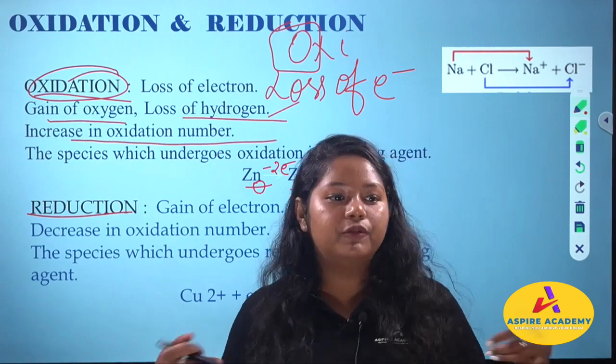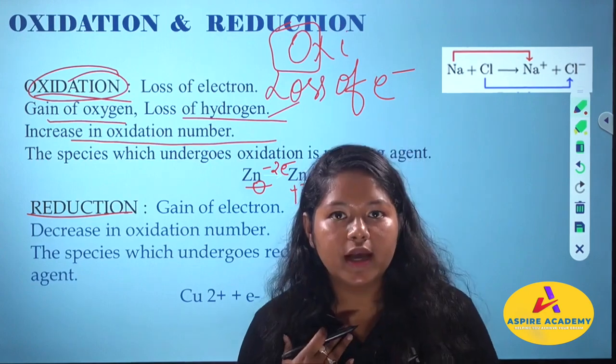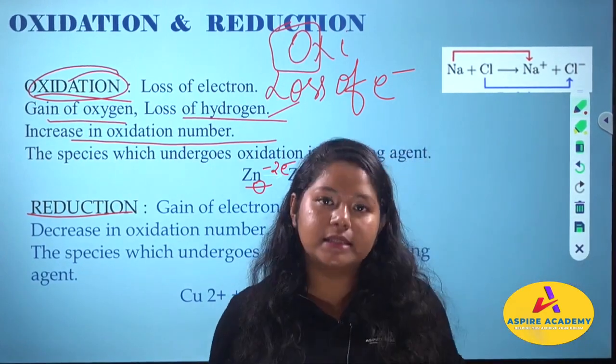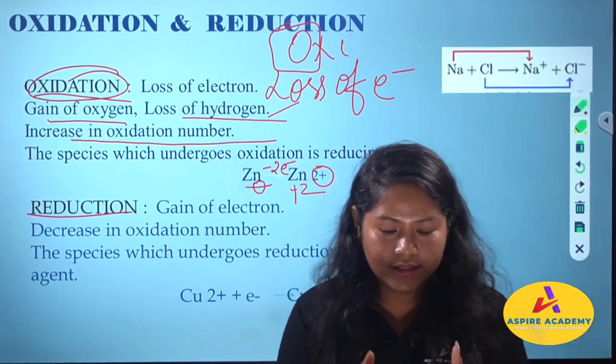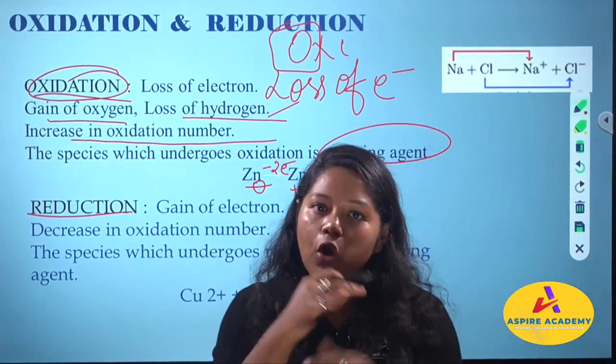Okay. Now, what will you call the species that is undergoing oxidation? If I am performing a dance, I will be called a dancer. I am teaching you, I will be called your teacher. Now, if zinc is undergoing something, what will zinc be called? The species which undergoes oxidation is the reducing agent. It's just the opposite.